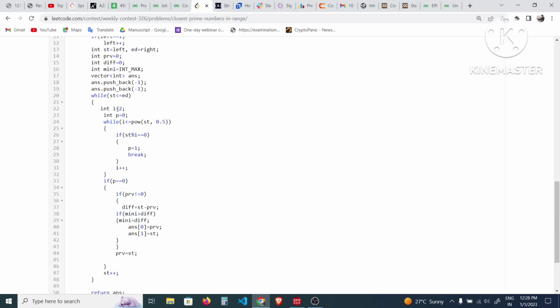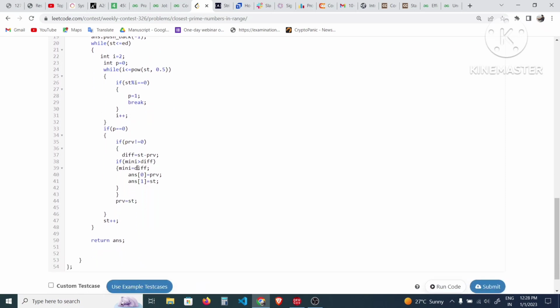So this is the logic, and I start int i equal to 2, and I will go up till the square root of st. If a number divides, then it will not be a prime number, and if nothing is able to divide it, then it will be a prime number.